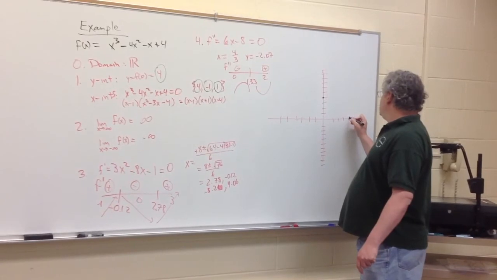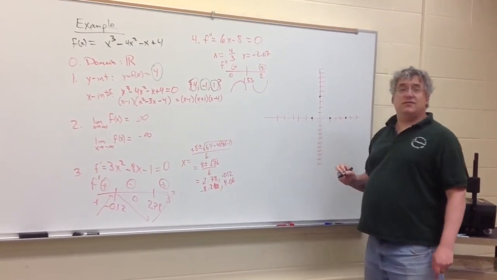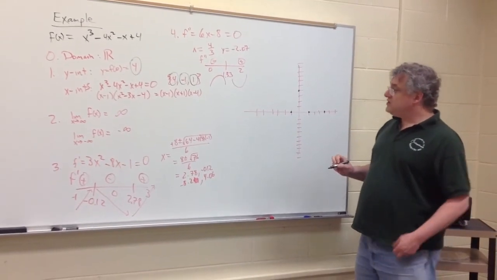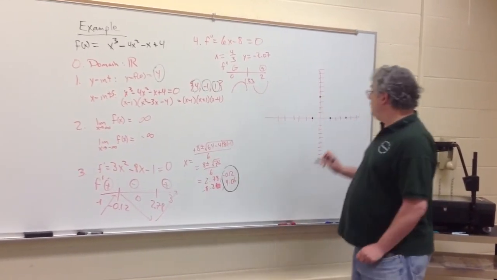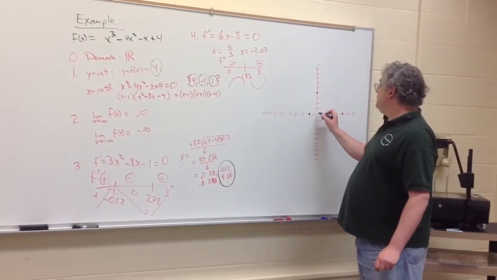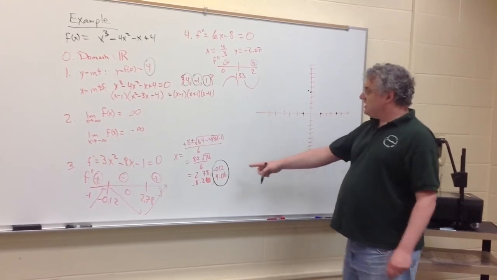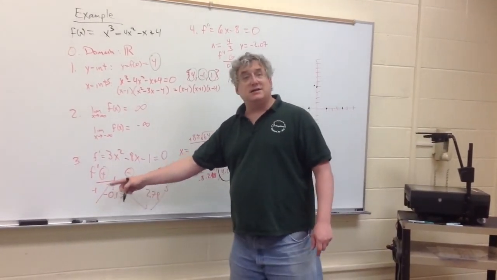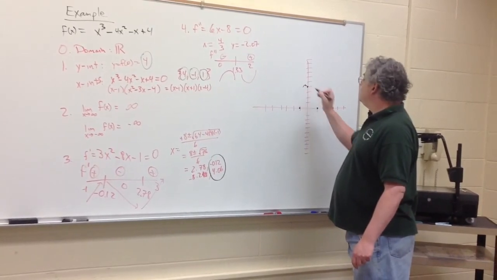The graph is already starting to form. What other interesting points do we have? At minus 0.12, we're at 4.06. So that's about right here, maybe? And why is that an interesting point? That is this point here. It's a max. Since I know that's a max, I kind of know the graph's going to do that.